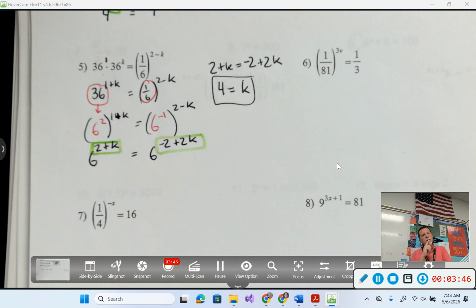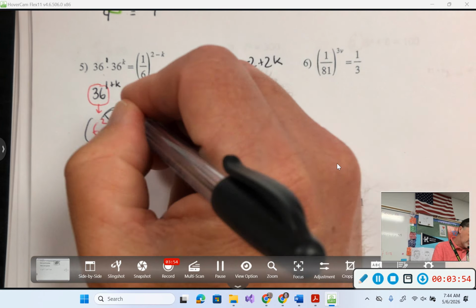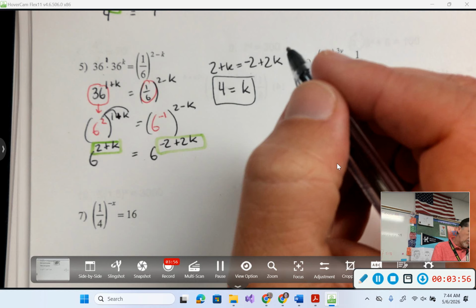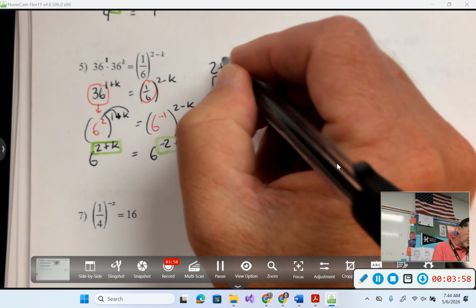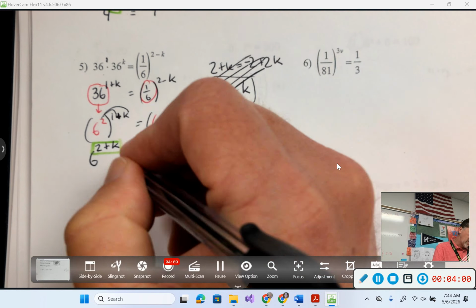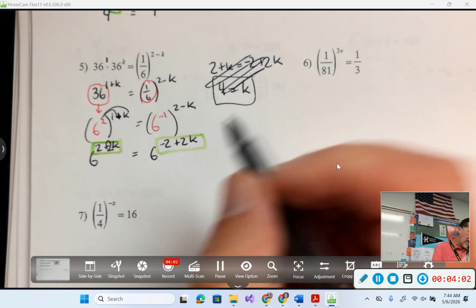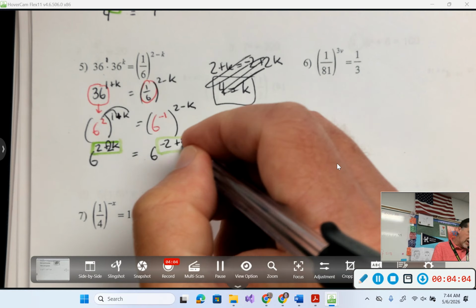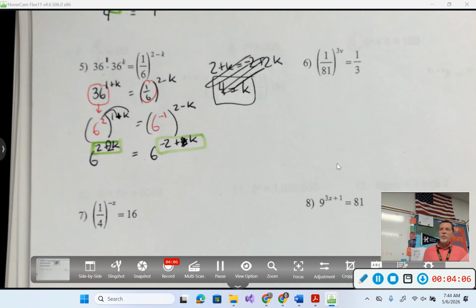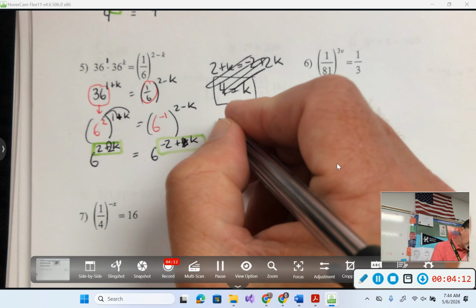Brooklyn? Why is it 2 plus k and not 2 plus 2k? Yep, good catch. 2 plus, yeah, I really messed that up. That's 2 plus 2k on this side. And on this side, it's negative 2 plus k. I was wondering why my answer didn't match Ava's when I thought she was right.